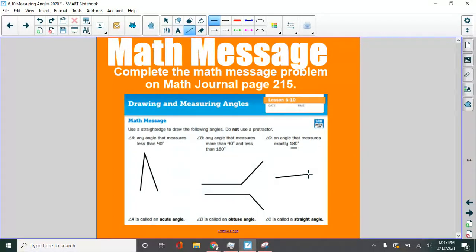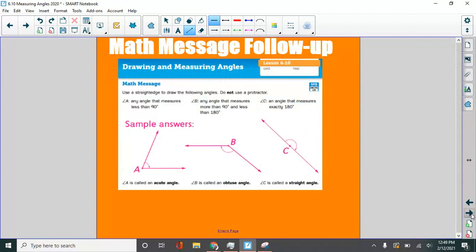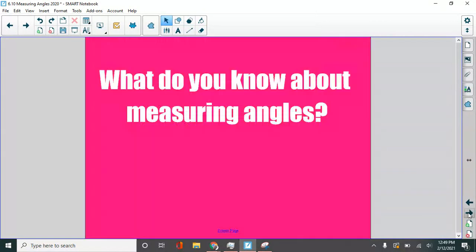Look how easy. Boop, straight. That's a straight angle. Those are all just straight angles. So exactly 180 degrees. Now, there's examples too, right? I like these examples because they have the little arrows here that show you where the turn is.